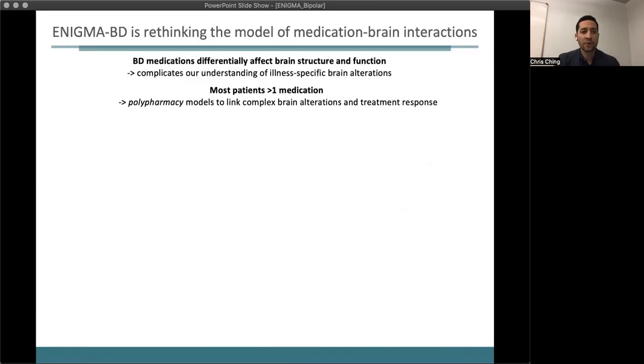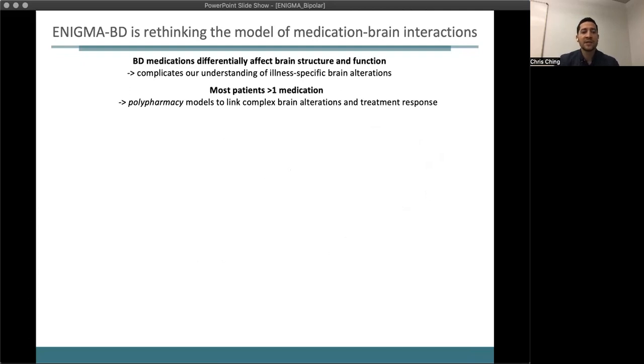Now, the ENIGMA Bipolar Working Group is also trying to rethink the way we model medication-brain interactions. So as I had shown before, we found that commonly prescribed medications can differentially affect brain structure and function, and that can complicate our understanding of the illness-specific brain alterations. We also know that most patients with bipolar disorder are taking more than one medication.